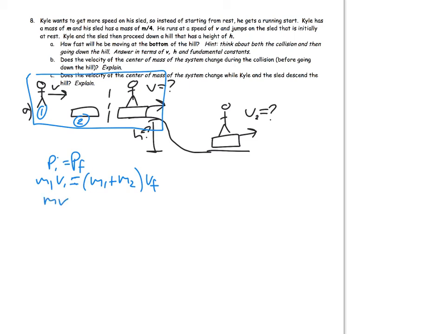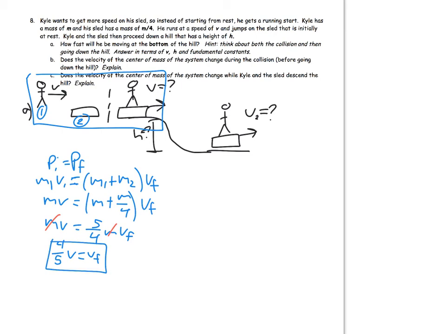I know this mass is just m times the velocity, which is v, and that's going to be equal to m plus m over 4 times v final. So I end up getting mv equals m plus m over 4, which is really 5/4 m, times v final. If we cancel out the m's, I find that my final velocity is just going to be 4/5 v, so 4/5 of that initial velocity.